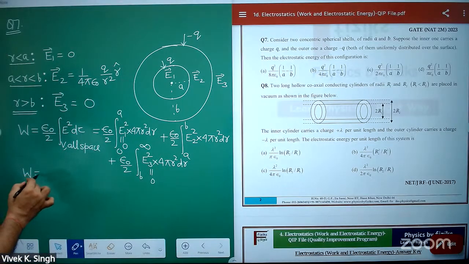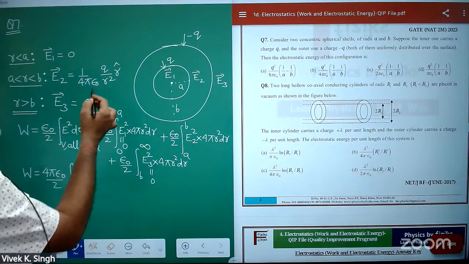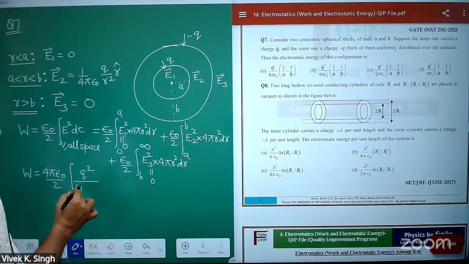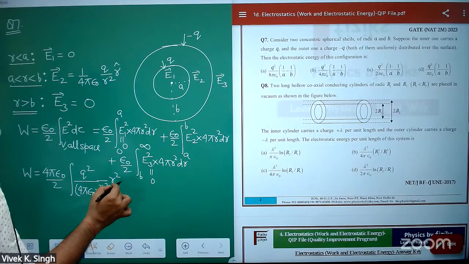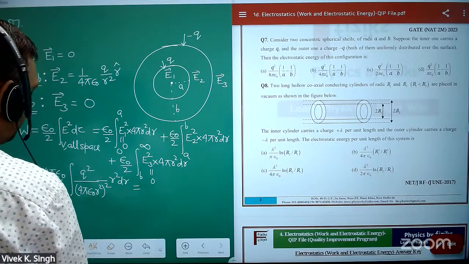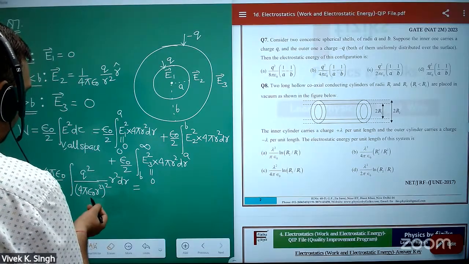So this will be given by, you will get 4 pi epsilon naught by 2 common here, because you have to write E2 square. So E2 square is Q square by 4 pi epsilon naught r square whole square, and here you have r square dr. So this will give you what? 1 by 4 pi epsilon naught square.